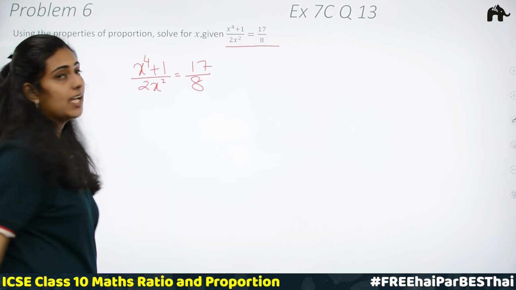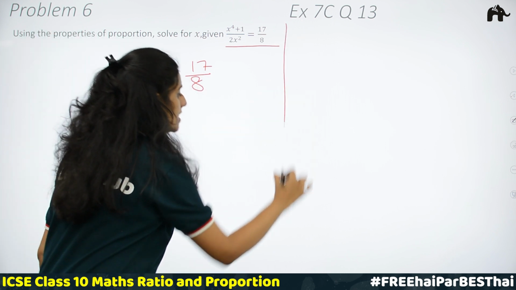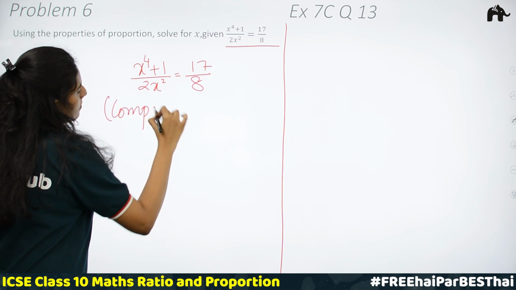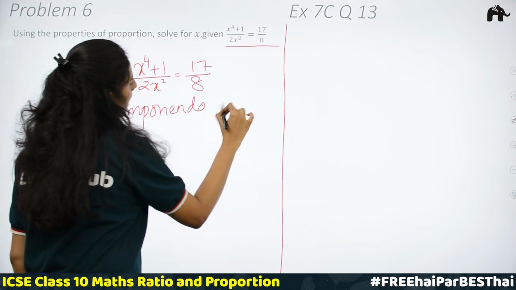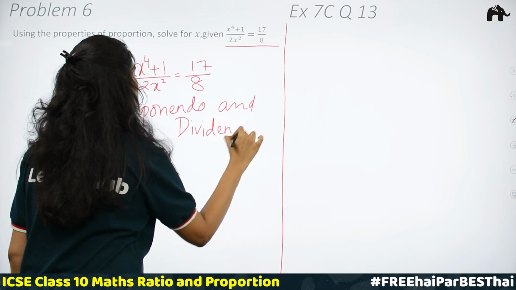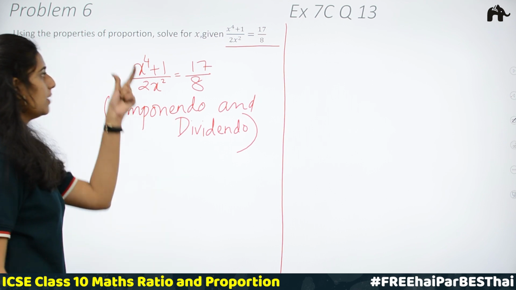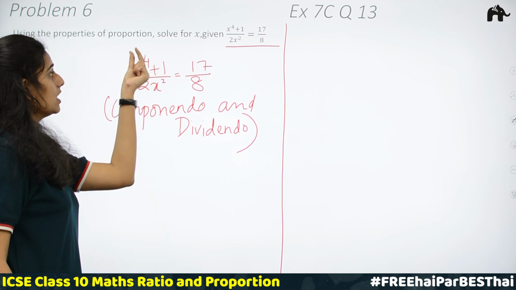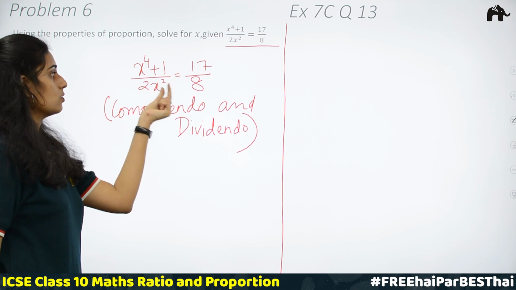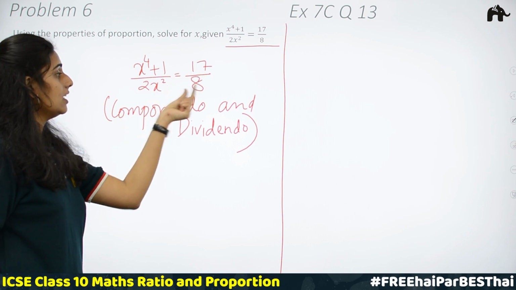Here we will apply the componendo and dividendo property. Applying componendo and dividendo property, what do we get? In place of a, we have x raised to 4 plus 1. In place of b, it is 2x square. c is 17 and d is 8.